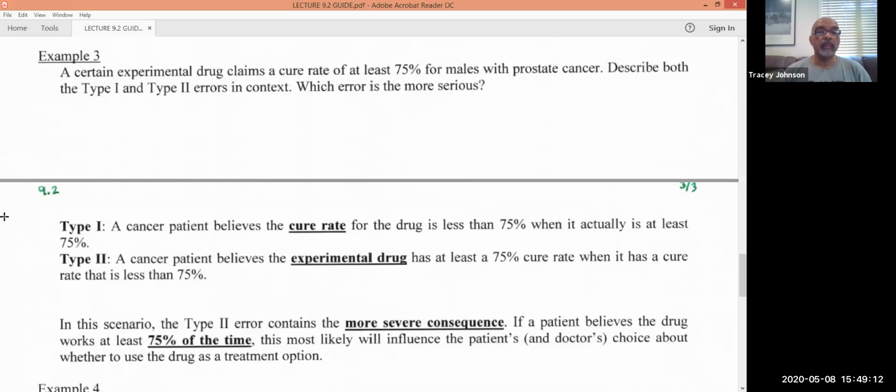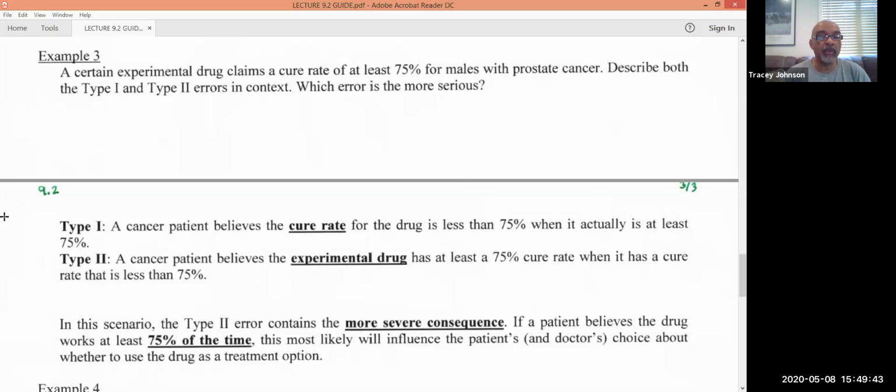Type 1 error: a cancer patient believes that the cure rate for this drug is less than 75% when it is actually at least 75%. Or the type 2 error: a cancer patient believes that the experimental drug has at least a 75% cure rate when it has a cure rate that is less than 75%.